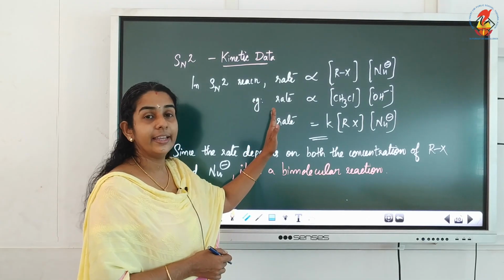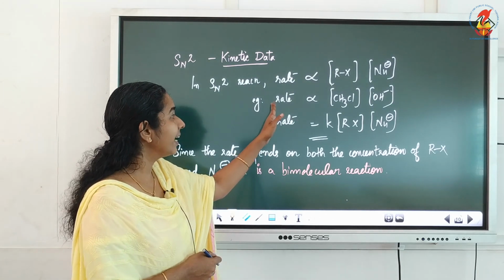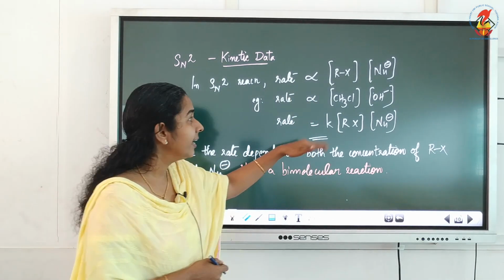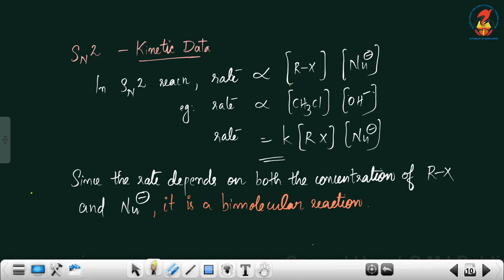In terms of the example given, the rate is directly proportional to the concentration of chloromethane, the alkyl halide, and the nucleophile, that is the attacking reagent, OH minus. How can we remove the proportionality sign? By putting a constant, and that constant, small k, is known as the rate constant.